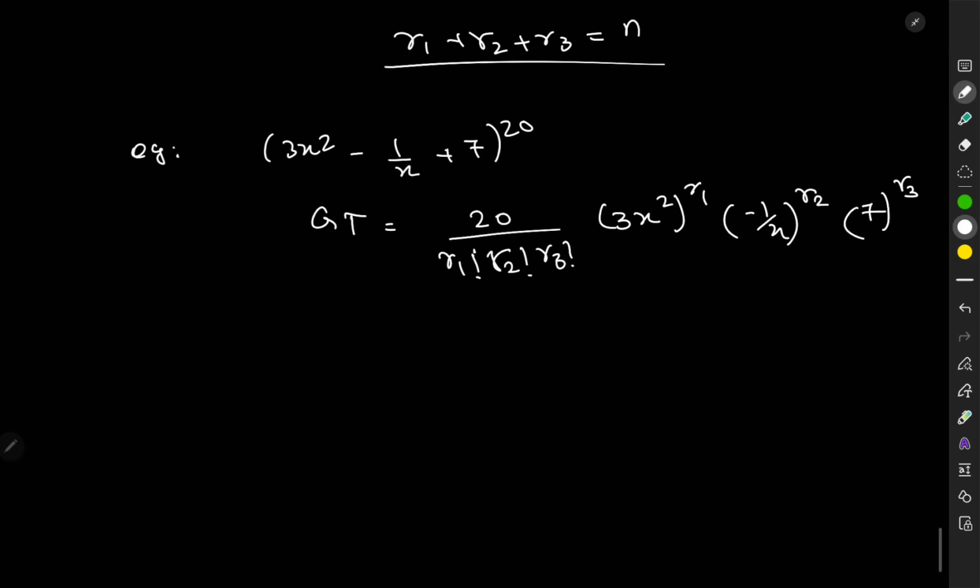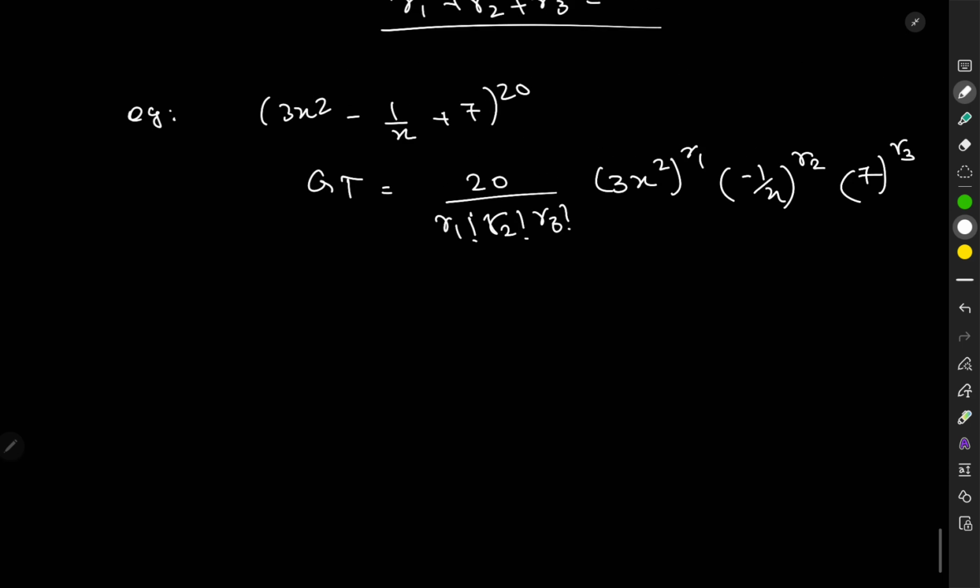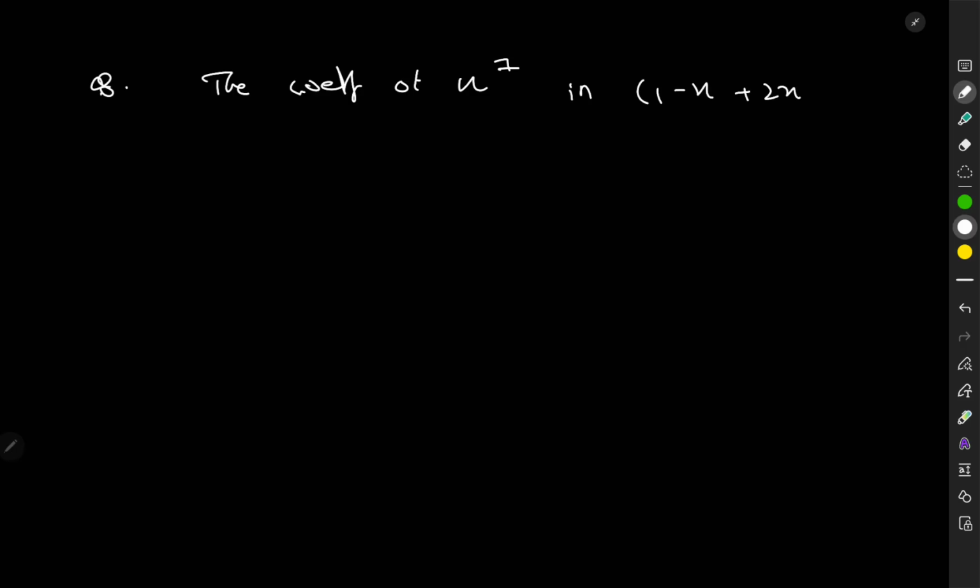So let us see a question to understand it very clearly. The coefficient of x to the power 7 in (1 minus x plus 2x cube) to the power 10 is. So write the general term for this.